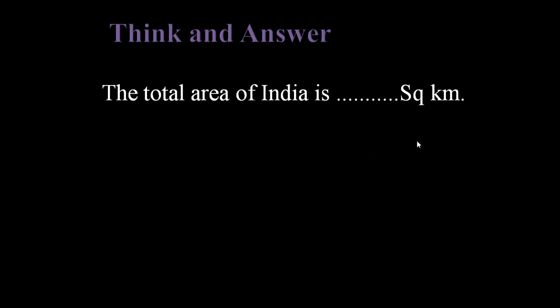And here are some questions for you, dear children. Think and answer. The question is, the total area of India is dash square kilometer. Yes, the total area of India is 32,87,263 kilometer square.